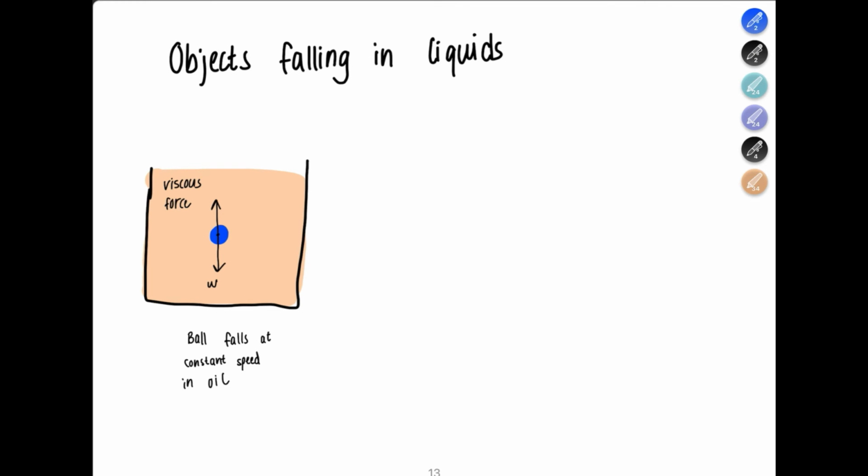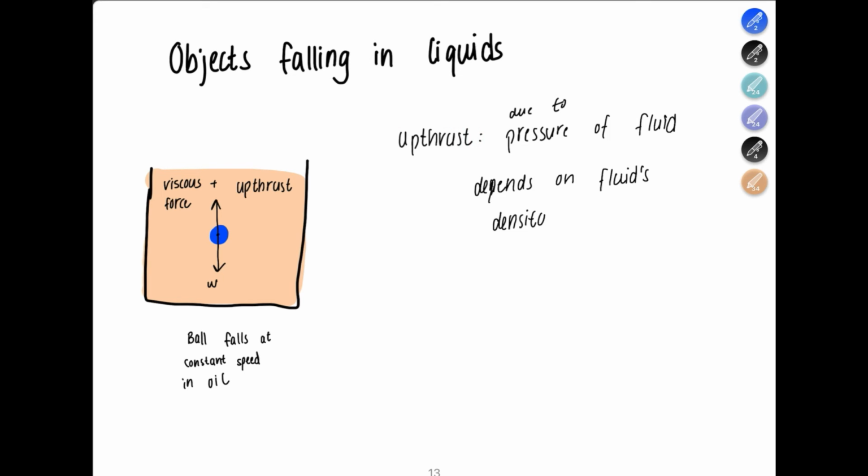This is known as an upthrust. Okay, so viscous force plus upthrust. It's important to know this. Upthrust is because of the pressure of the fluid. This is acting upwards. This upthrust depends on the density of the fluid. If the fluid is very dense, it will have a greater value for upthrust. And there's another name for upthrust, which is known as buoyancy force.